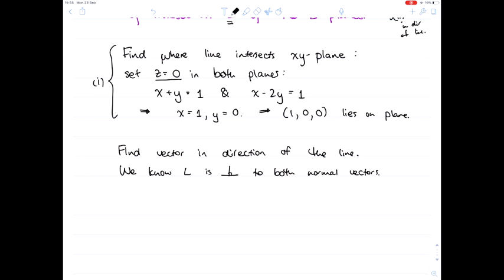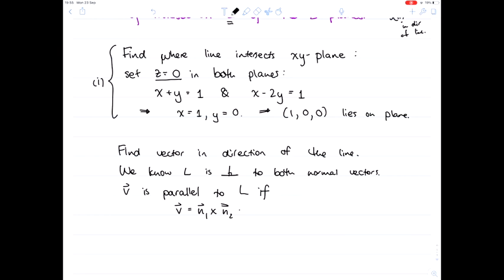So we can find a vector v, if our vector v is given by the cross product of our two normal vectors for our planes.